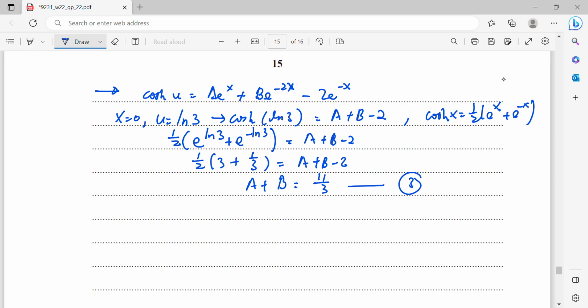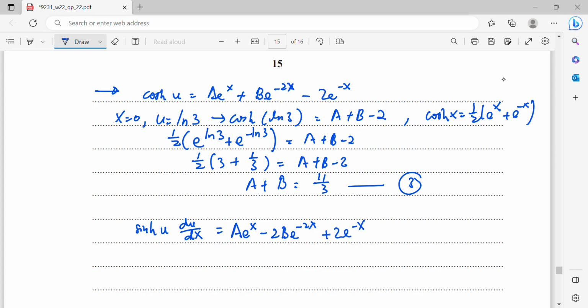When you differentiate cos u, it will be sin u du/dx. Then on the right hand side, Ae^x remains. Then the Be^(-2x), when you differentiate, becomes -2Be^(-2x). And the -2e^(-x) becomes +2e^(-x).